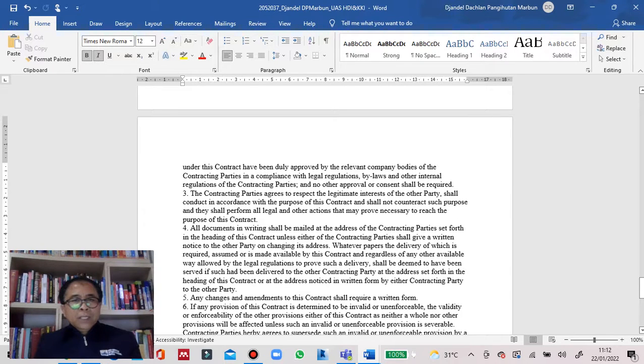The contracting parties agree to respect the legitimate interest of the other party, shall conduct in accordance with the purpose of this contract, and shall not counteract such purpose, and they shall perform all legal and other actions that may prove necessary to reach the purpose of the contract.